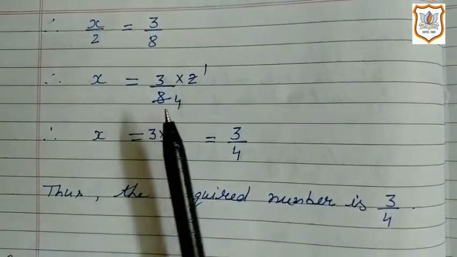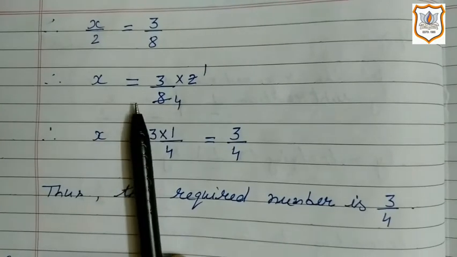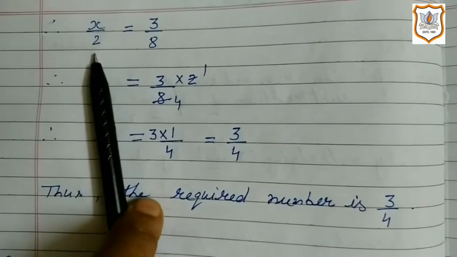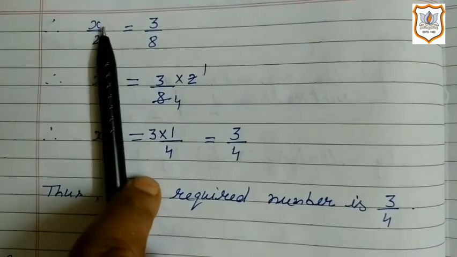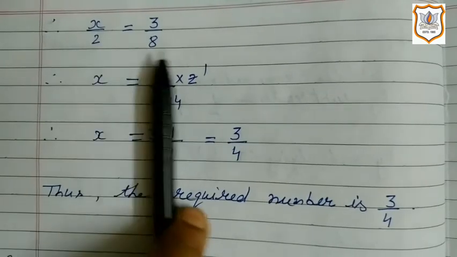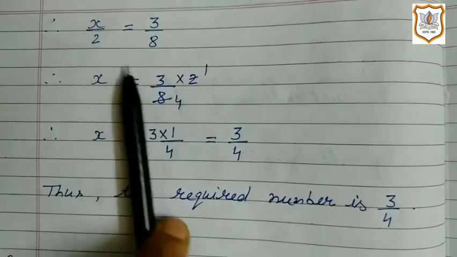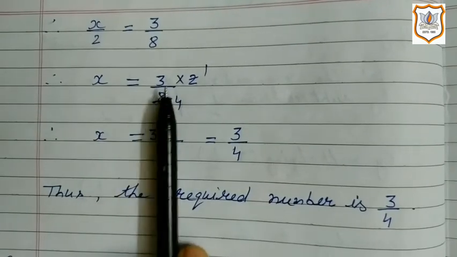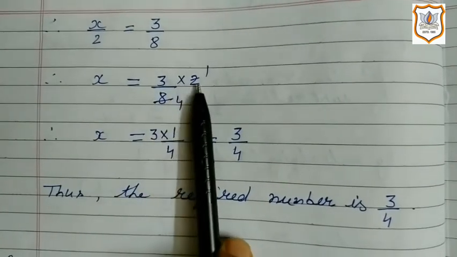Look here. We use the transposition method. Here x/2 is x divided by 2, and when we shift 2 to the right side, it becomes multiplication. So, we write x equal to 3/8 multiply 2.